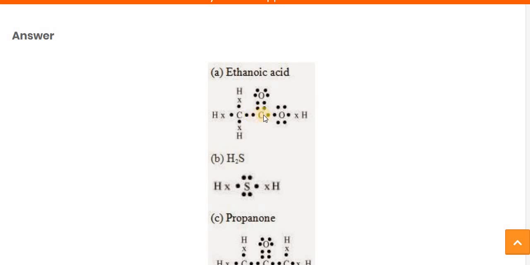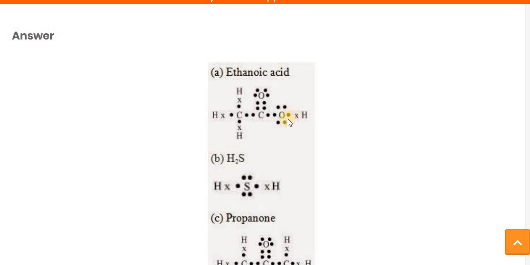And for this carbon with 4 electrons, one is shared with this carbon atom, and of the other remaining 4 electrons, 2 are shared with this oxygen and 1 is shared with the other oxygen. Here you can see that these 2 electrons are shared with this oxygen, and the oxygen also shares 2 electrons with the carbon. And same like this, here 1 electron is shared with the other oxygen, and the oxygen also shares 1 electron.